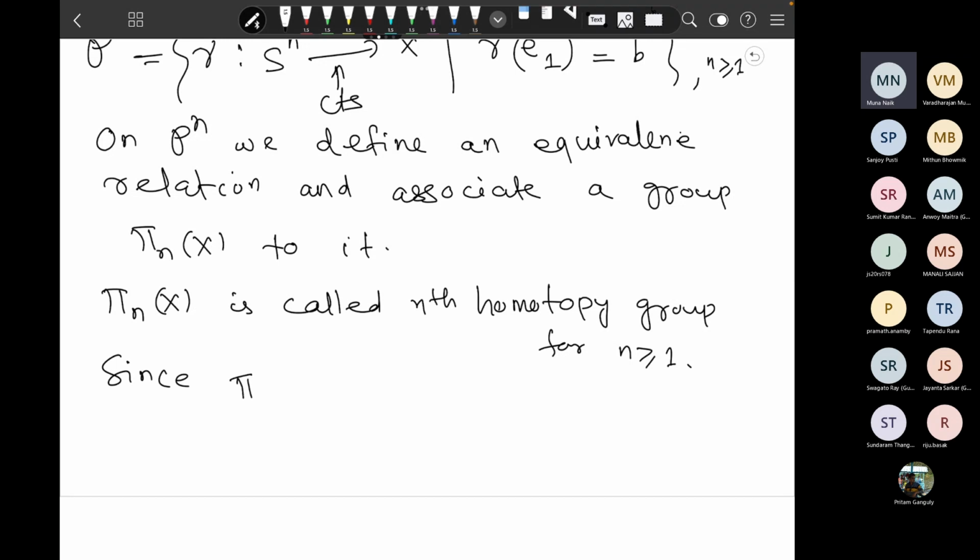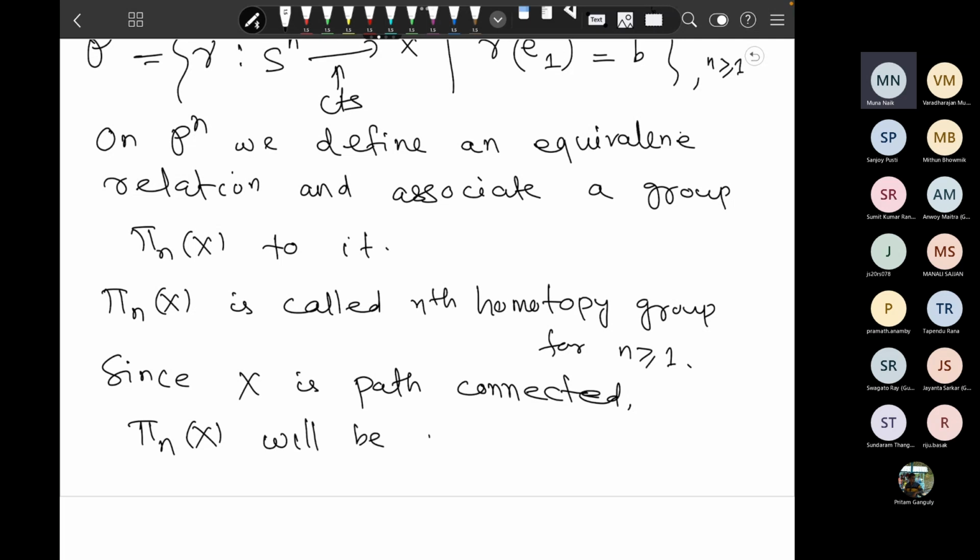Since this X is path connected, this pi n of X will be independent of the base point.